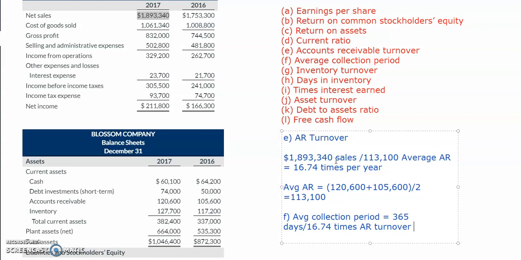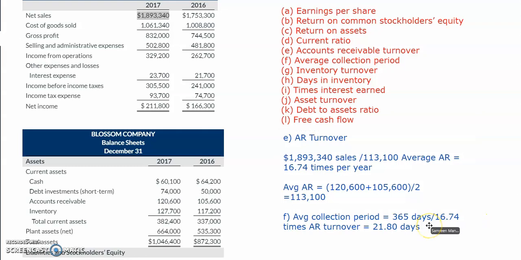So my average collection period is going to be 21.80 days, which is fairly low, right? So within a month, you're able to collect on your accounts receivable balance, which is pretty good for most companies.